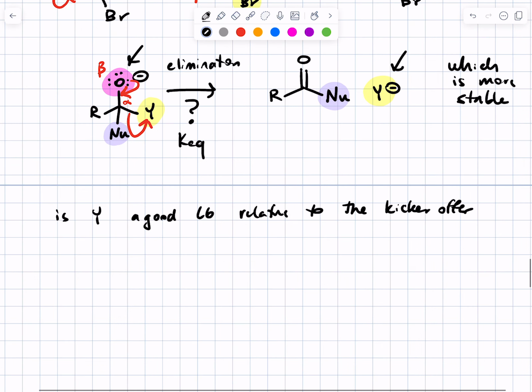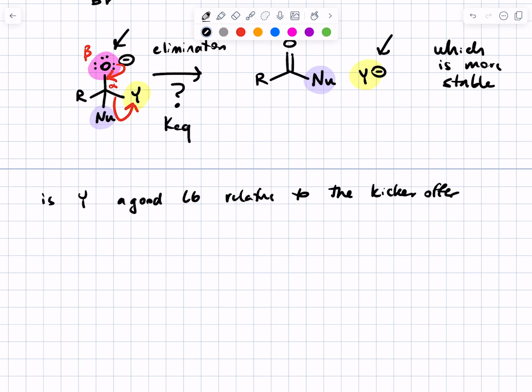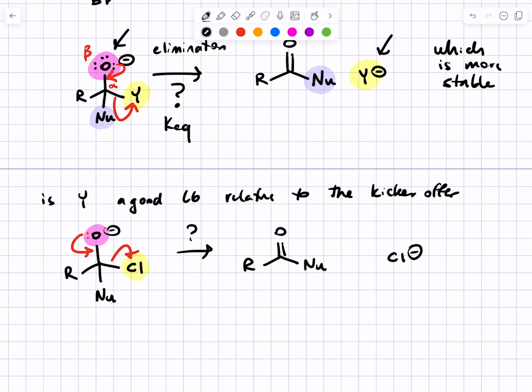So let's just draw a few tetrahedral intermediates and consider the reasonability of that elimination step. So let's suppose the leaving group is Cl minus and the kicker offer is O minus. So we're asking, how reasonable or how favorable do you think this step is?